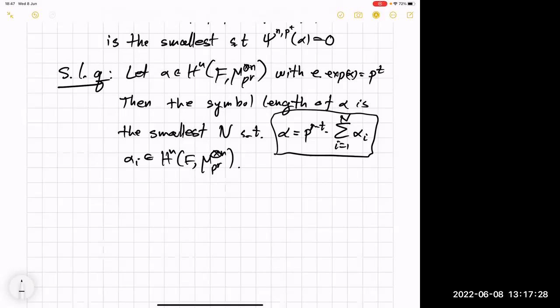And I'll denote it mostly as, let's say, the absolute value of alpha is at most n, or equals n in this definition. It's just n.